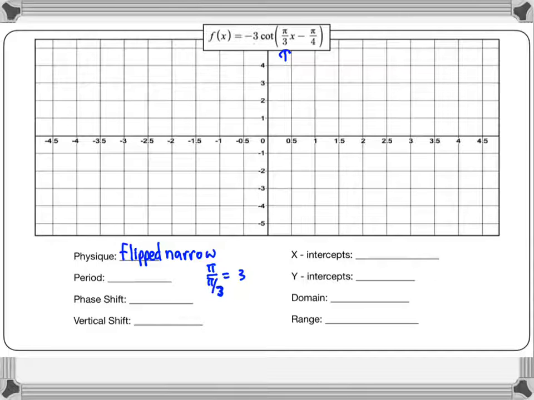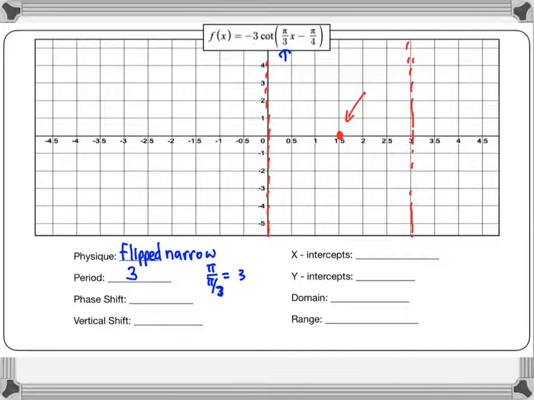So the period is going to be 3, and so let's set up those asymptotes again. We have this guy right here, and 3 is right here, and right in the center is going to be 1.5.